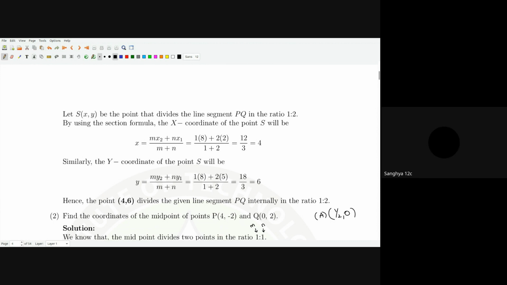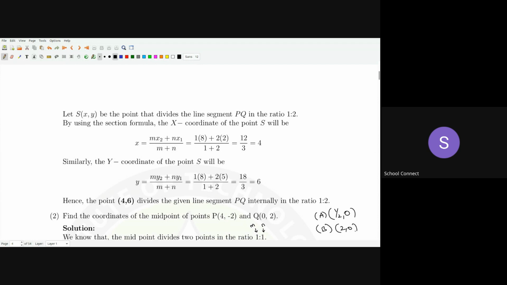Sir, 2 comma 0. Okay, so that will be my option B. You can also tell your answers, whatever you are getting. It may be wrong, but you will get to learn.